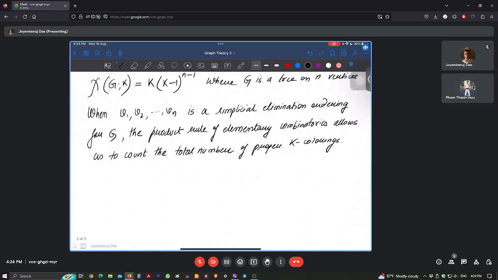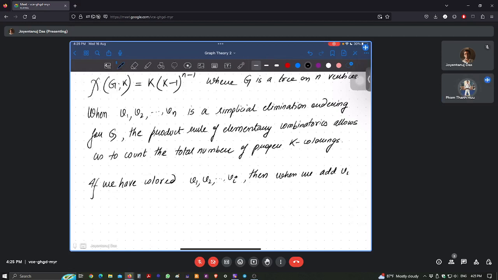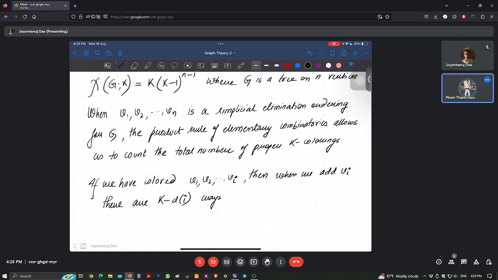So how to use this? Suppose we have colored v1, v2 up to vi. Then when we add this vertex vi, there are k minus degree of i number of colors, the number of ways to color the vertex i.